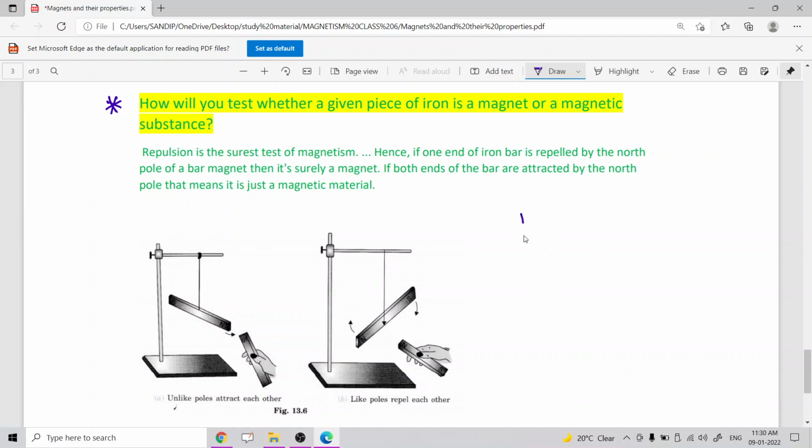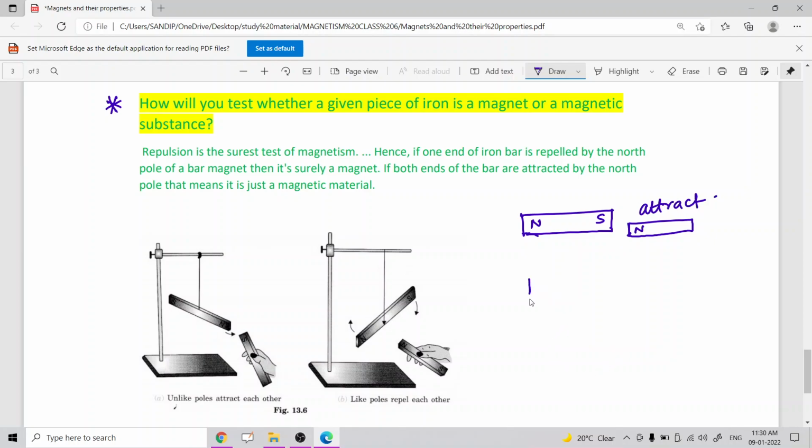Suppose we take one magnet, this is constant, with north and south pole, and you bring a magnetic needle like this one. If you take one magnet and place the north pole very close to the south pole, then they attract each other. Already it is discussed.